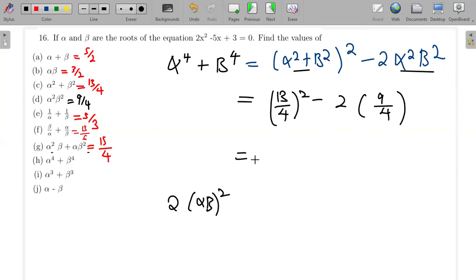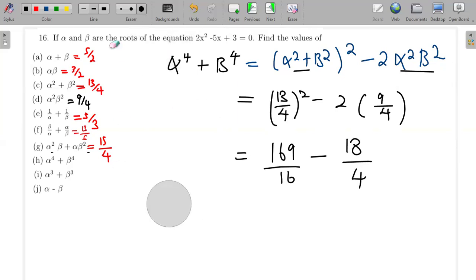This is just going to be equal to 13 squared, that is 169, divided by 4 squared, that is 16, minus 2 multiplied by 9, that will be 18, divided by 4. So the common denominator here will be 16. Over 16, I get 1 multiplied by 169, which is 169.